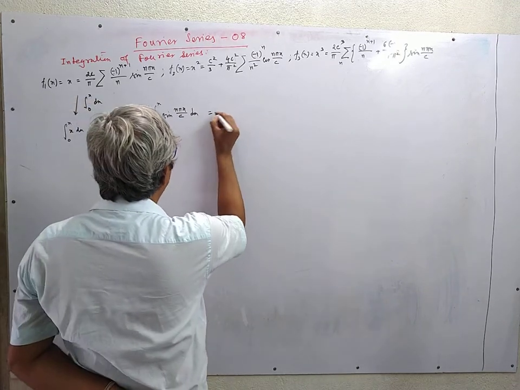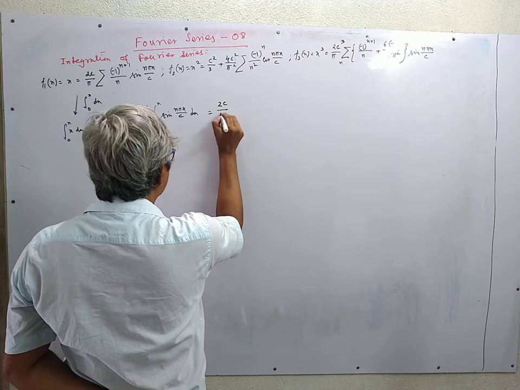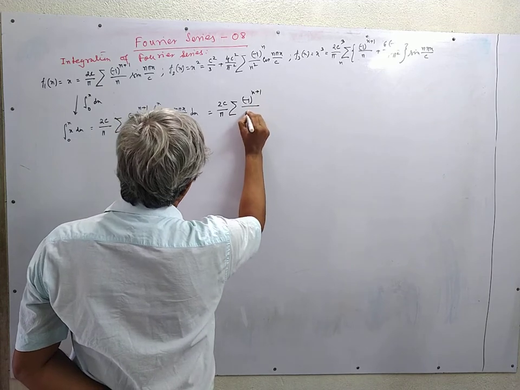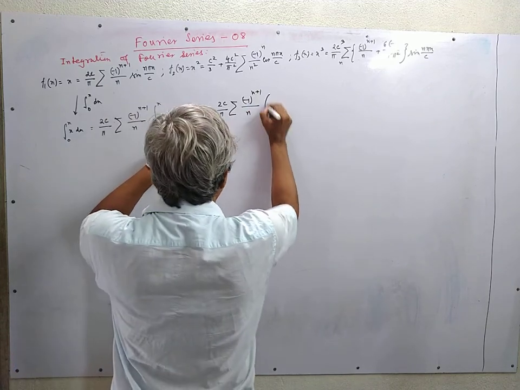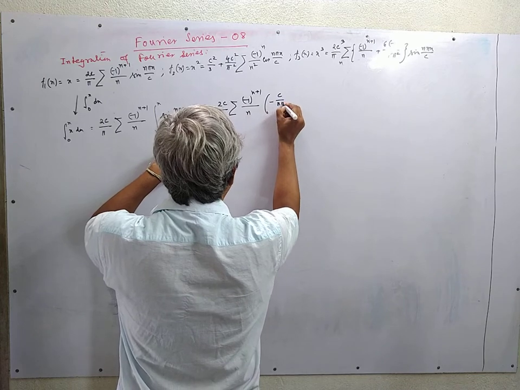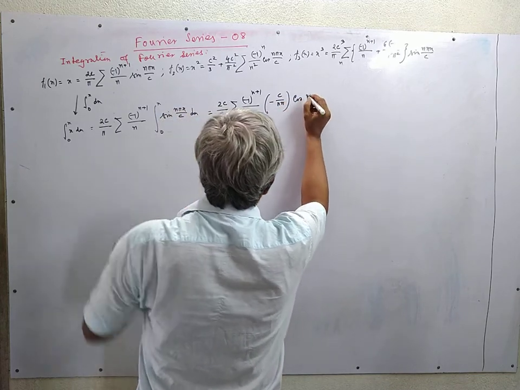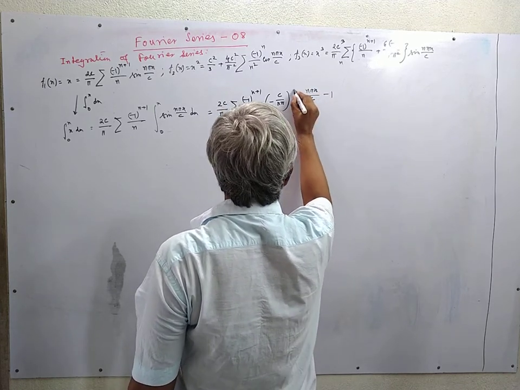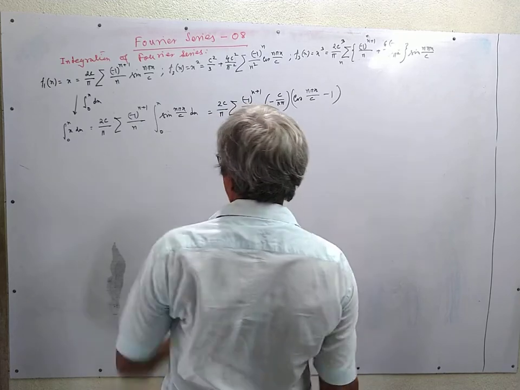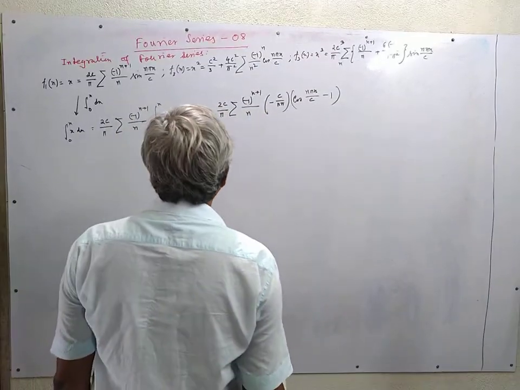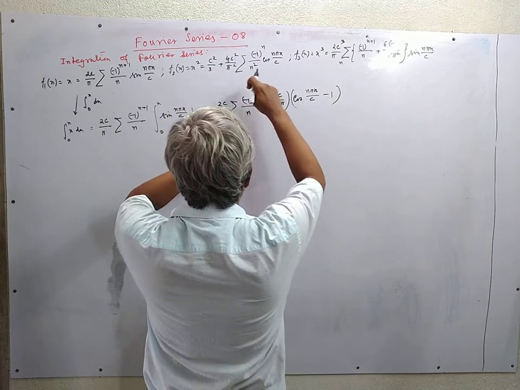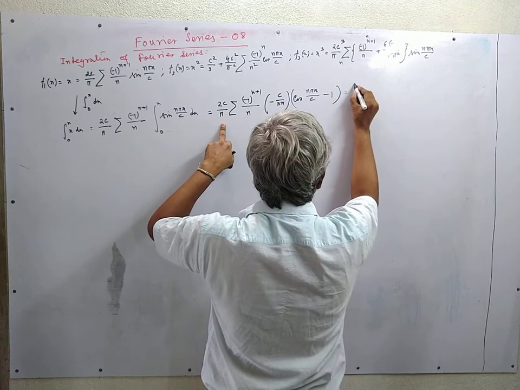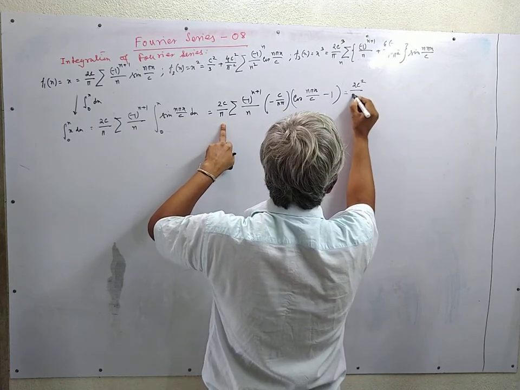So this is equal to 2c by pi summation, and then integration of these will leave minus c by n pi cos of n pi x by c minus 1. This is from the lower limit 0. So altogether we will have this, and this is 2c square by pi square.